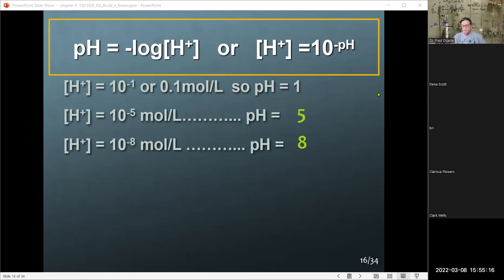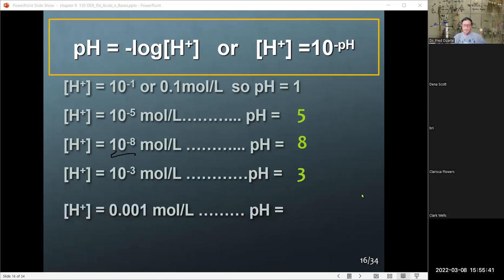Okay. Notice that the concentration of the proton is extremely small here, 10 to the -8. You get a high pH number. Okay, because now you go into the alkaline range. You continue. 10 to the -3 will give you a pH of 3. Keep it in mind, pH of 7 is neutral, so that's acidic.